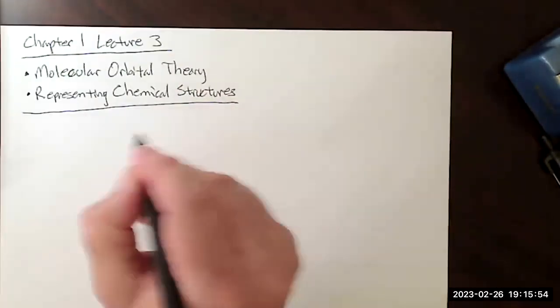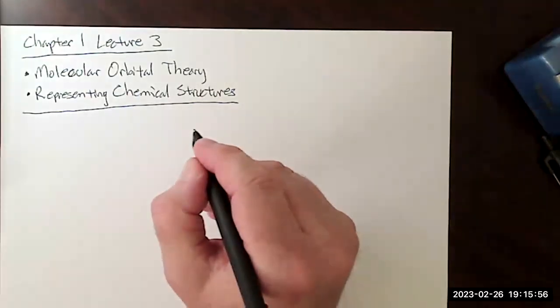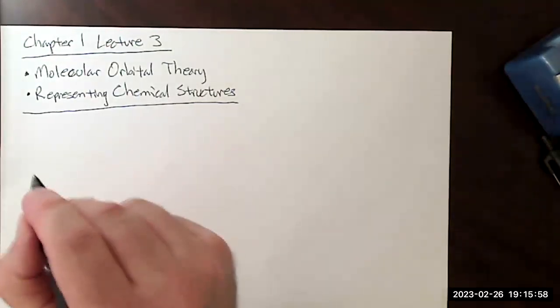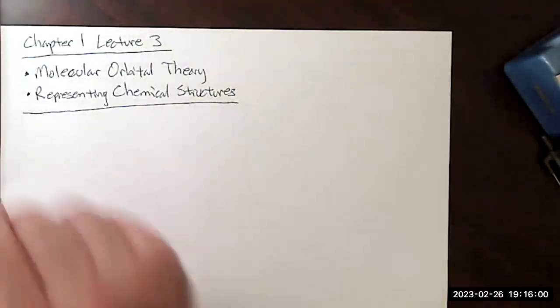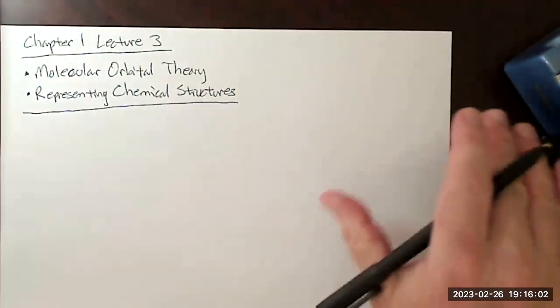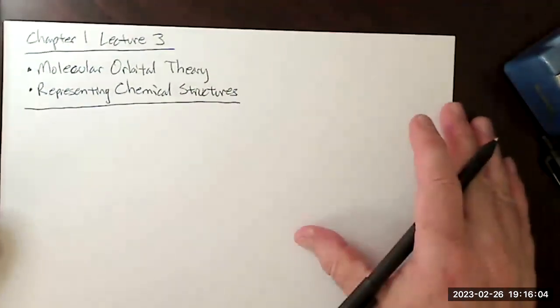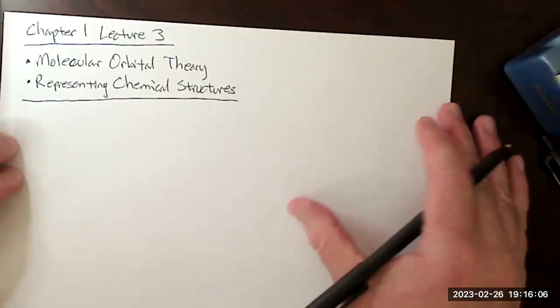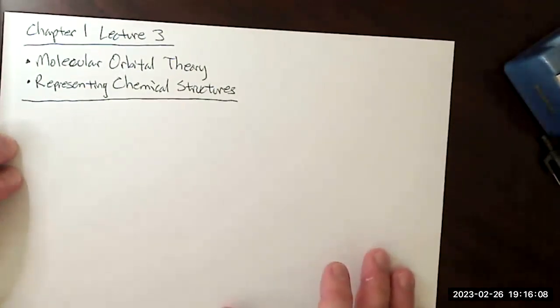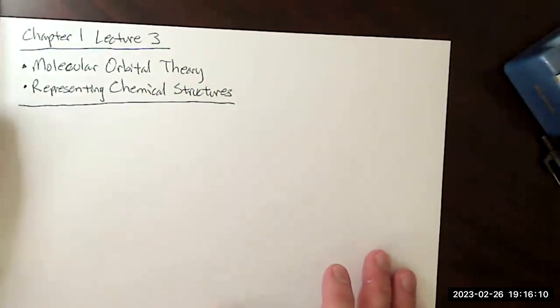I know last time we didn't get to molecular orbital theory, and that's because I felt like the lecture was going on a little long, but I will spend a little bit of time in this lecture to take a look at that.